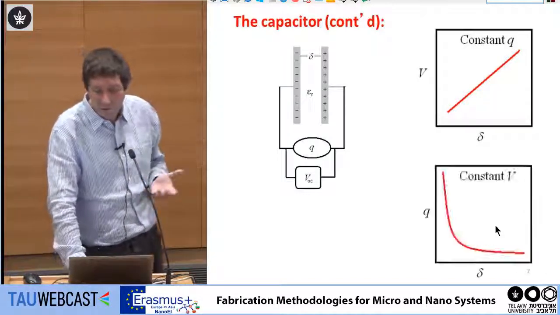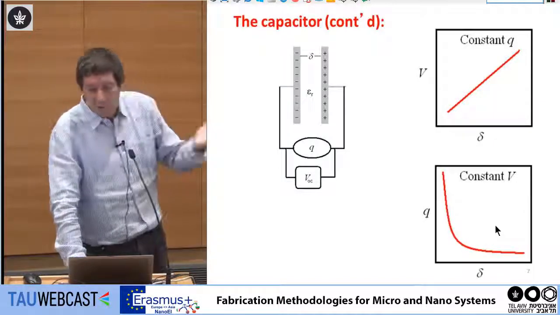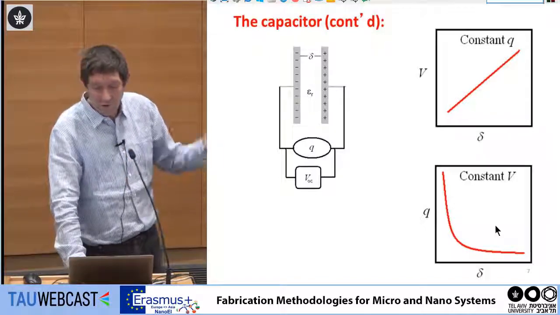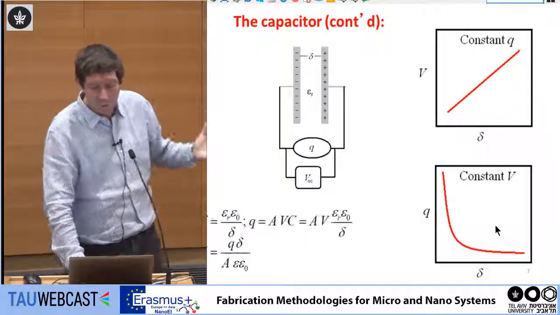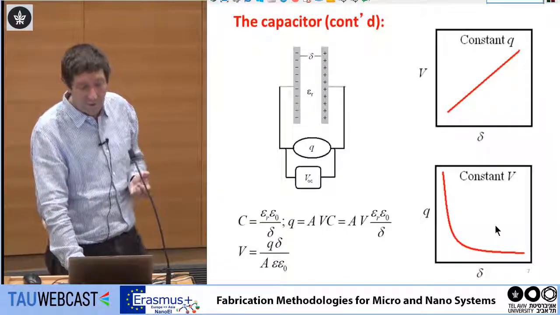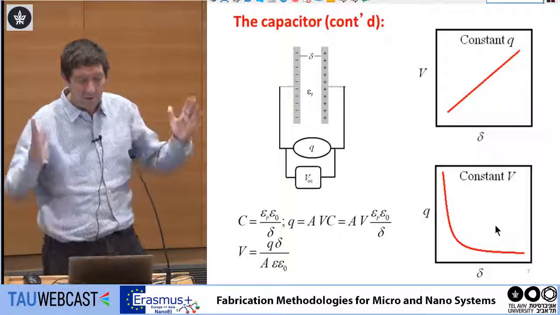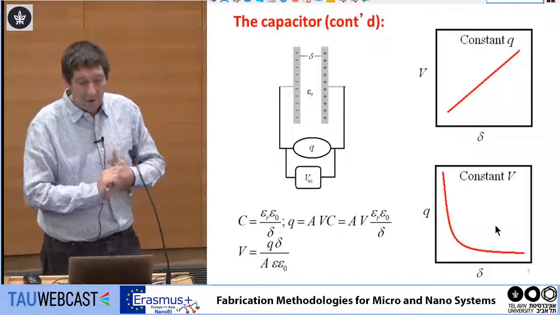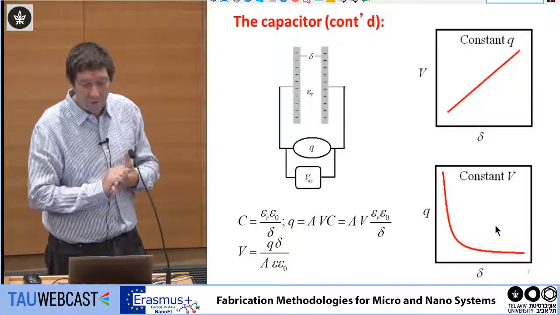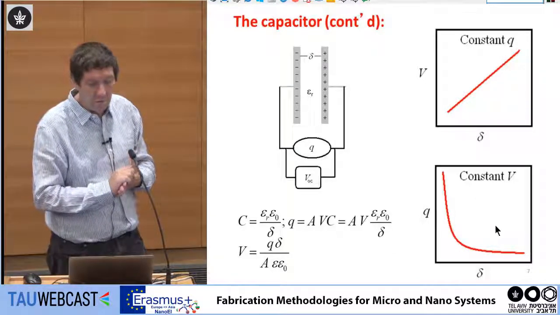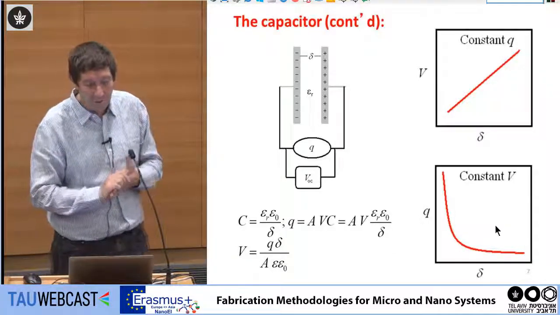So this should be a straight line. Or at constant V, charge goes as 1 over the distance. We all know these rules. C is epsilon over delta, where delta is the distance between the plates. Charge is A times voltage times C. And we all know the voltage is Q delta over A epsilon.